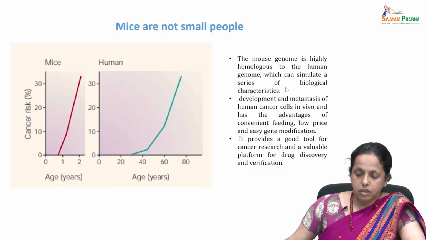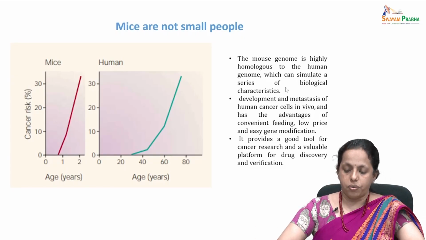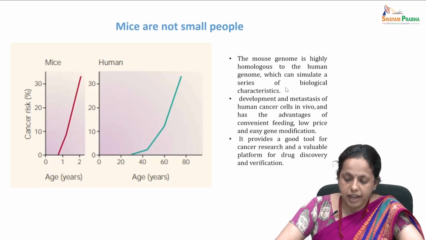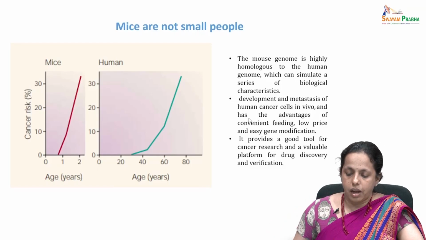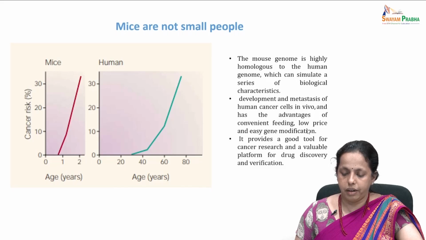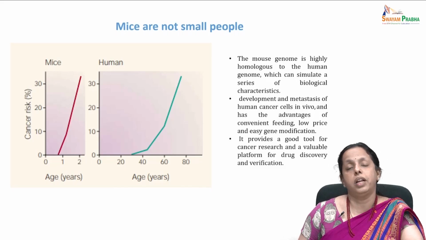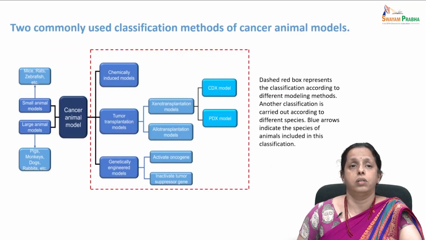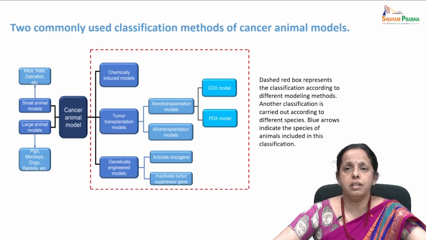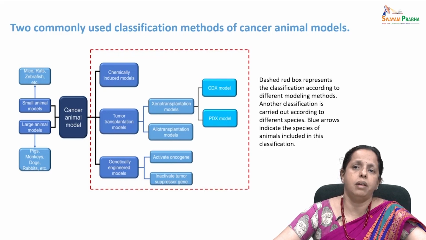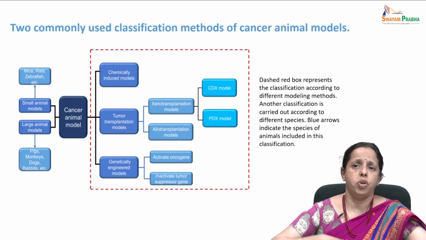The development and metastasis of human cancer cells in vivo has the advantage of convenient feeding, and it also provides a good tool for cancer research during drug discovery and verification, as we will see in the coming models.